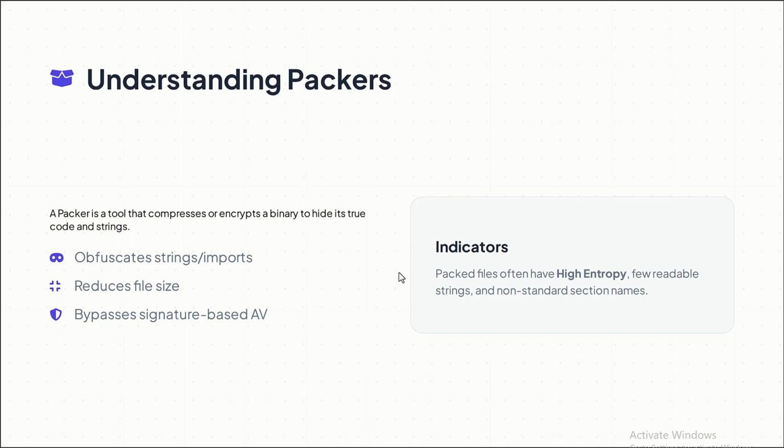There are some tools that you can use for entropy calculation, like Detect It Easy. Also, another indication of a packed sample is few readable strings and non-standard section names.